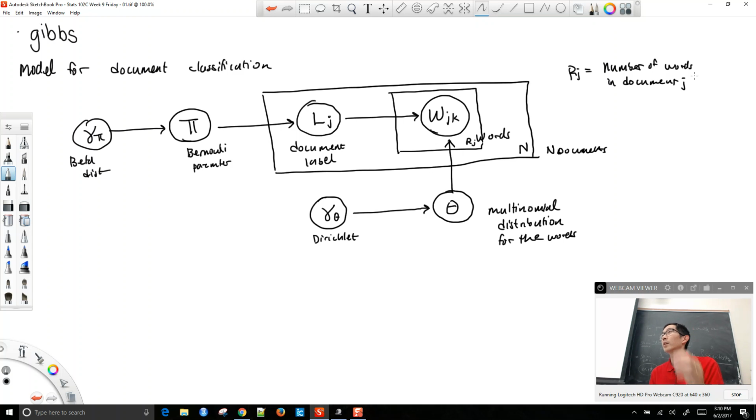Is that okay? So this is the graphical representation of our model.